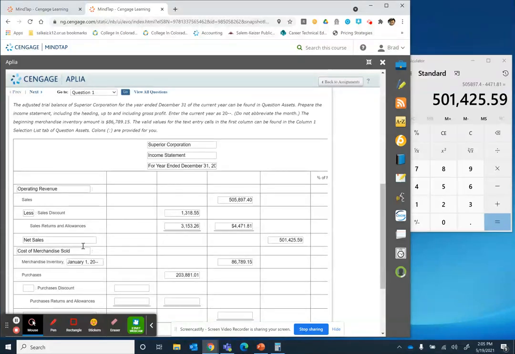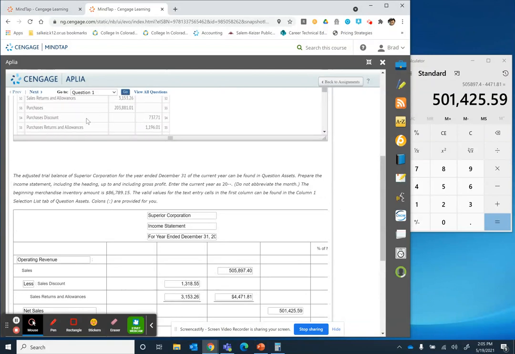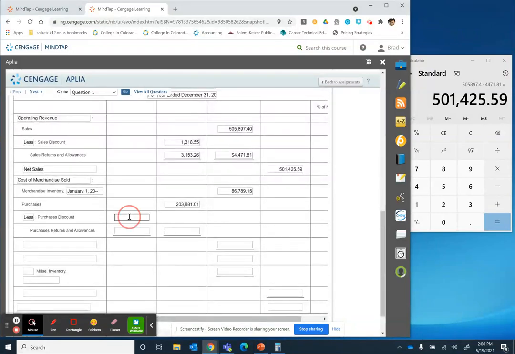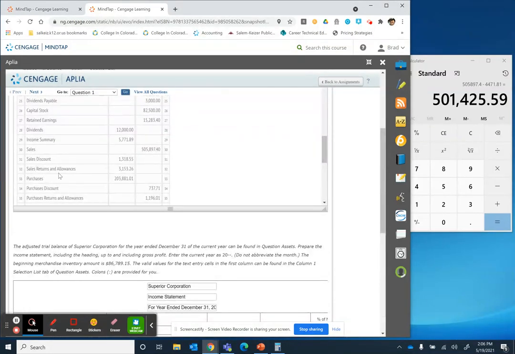Next, we're going to take purchases and subtract our purchase discounts and our purchase returns and allowances. So we need to find the amounts of those. Let's find our purchase discount: $737.71. And then our purchase returns and allowances is going to be $1,196.01.